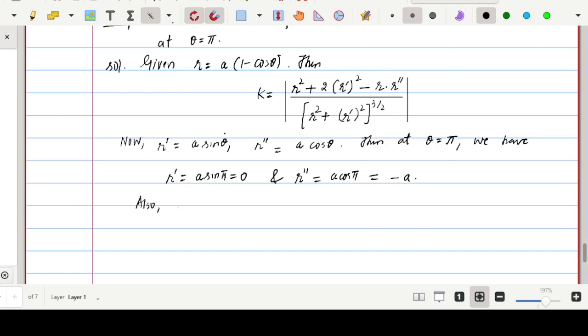Also r at theta equal to pi gives r is equal to a into 1 minus cos pi, but हम जानते हैं cos pi is equal to minus 1, ये बन जाएगा यहाँ पे 2a.